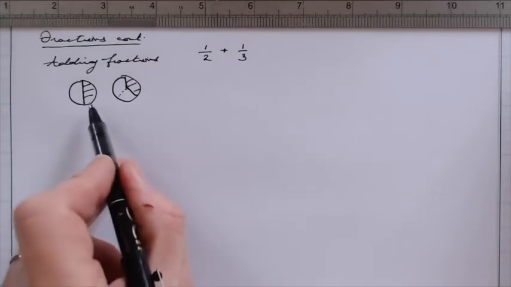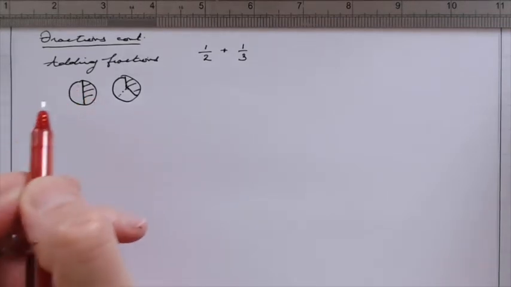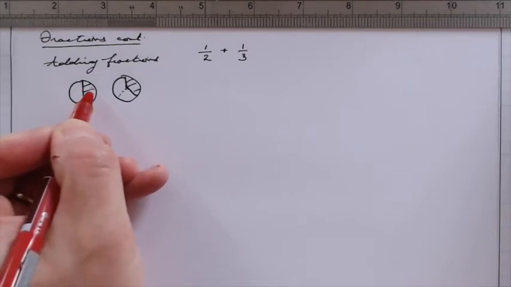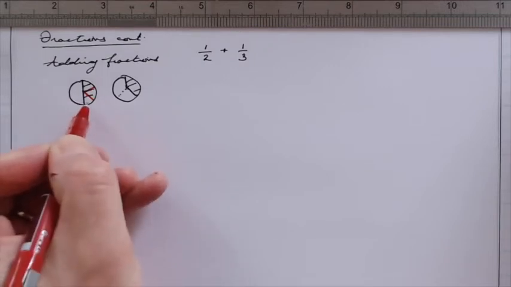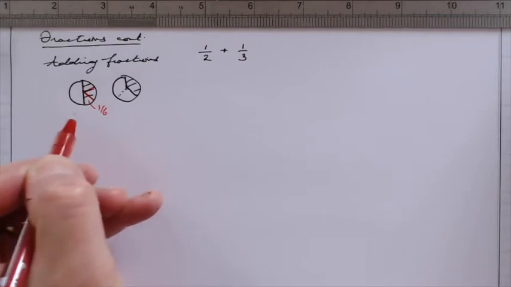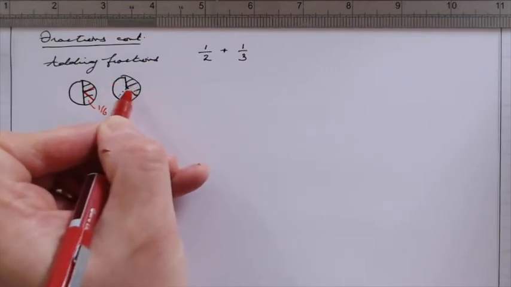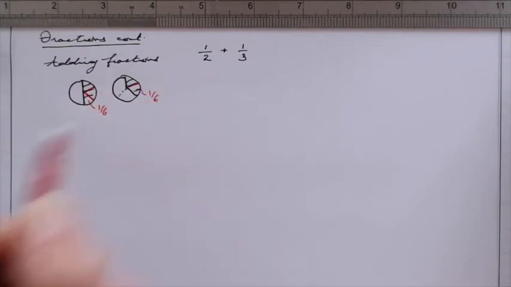And to see that with the example of the cake here, if we divide each of these cakes into sixths, then this half a cake is equivalent to 3 slices, each slice being 1/6. And this third of a cake is equivalent to 2 slices, where each slice is 1/6.